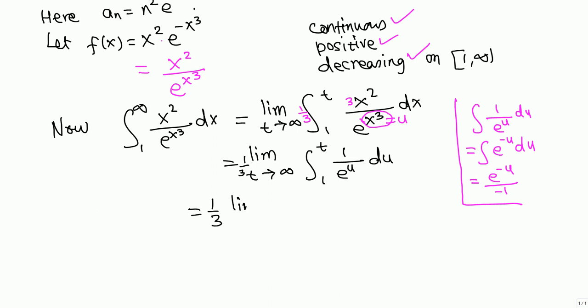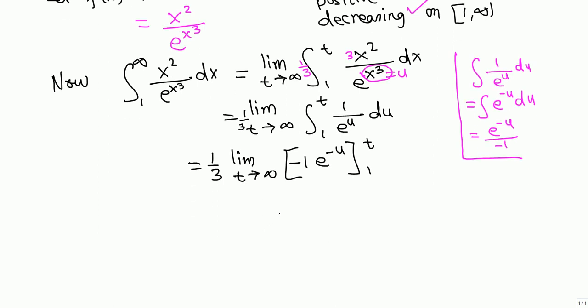1/3 limit as t goes to infinity, the antiderivative of 1 over e to the u is e to the negative u divided by negative 1, and we want to evaluate from 1 through t and let t go to infinity.